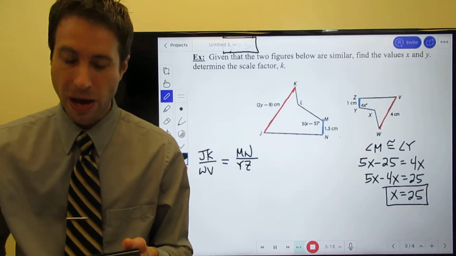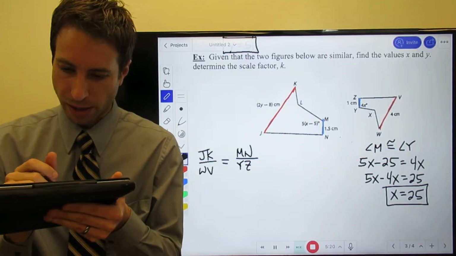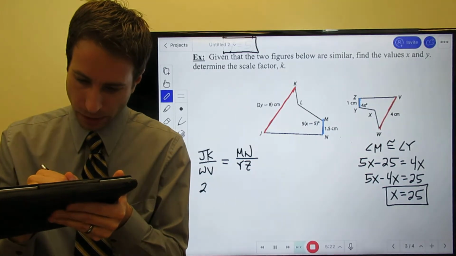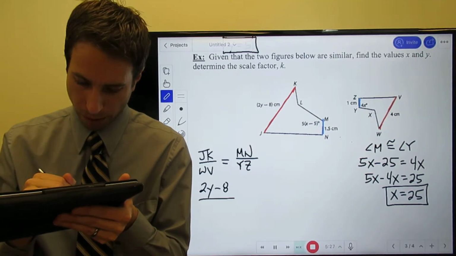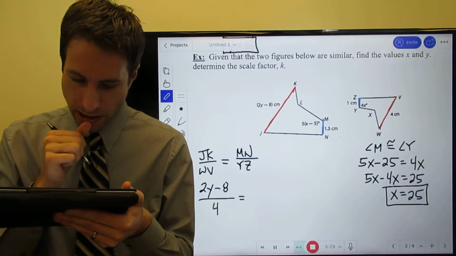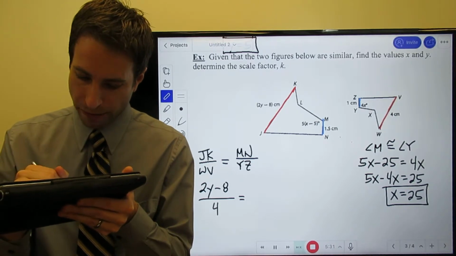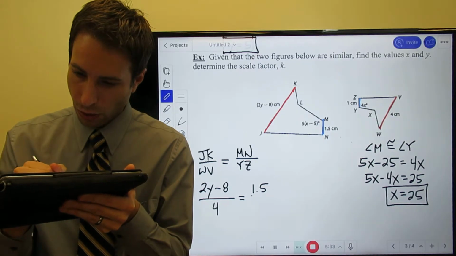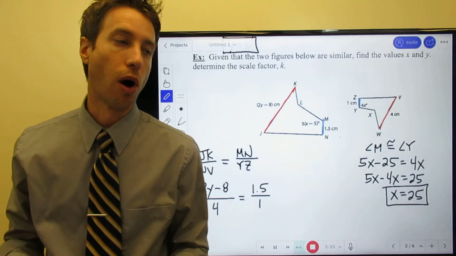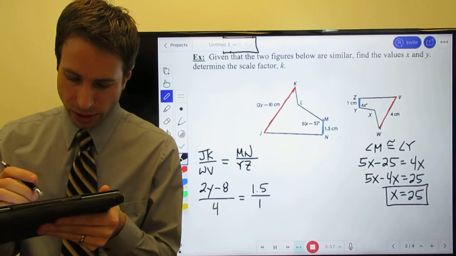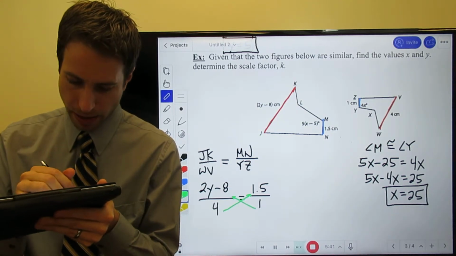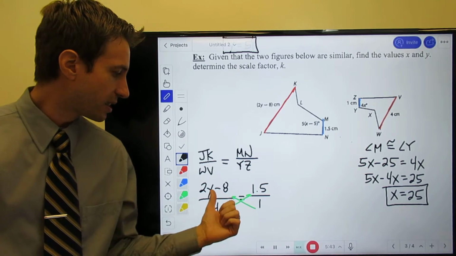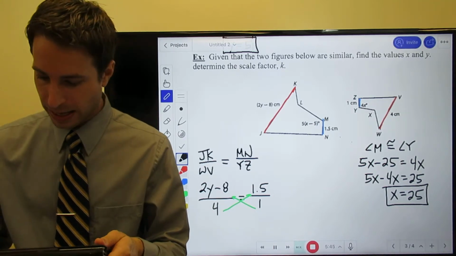Really, really important. But now we plug and chug. So JK, 2y minus 8 all over 4. And then what do we got? We got 1.5 all over, sure enough, a 1. Once again, guys, cross multiply. The easy bit here, 1 times anything is just going to be itself.